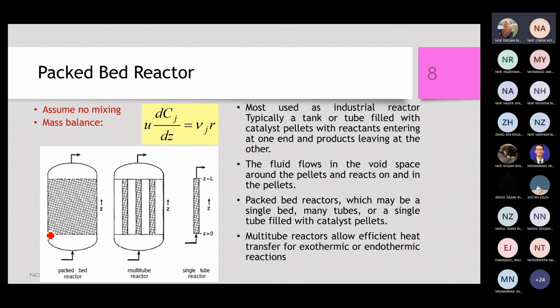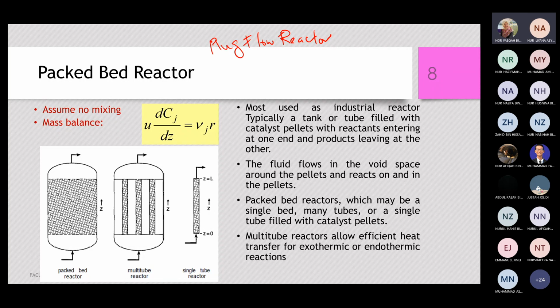Okay, looking at the first example, the packed bed reactor, we can call it a plug flow reactor actually. One example of a plug flow reactor is the packed bed reactor.